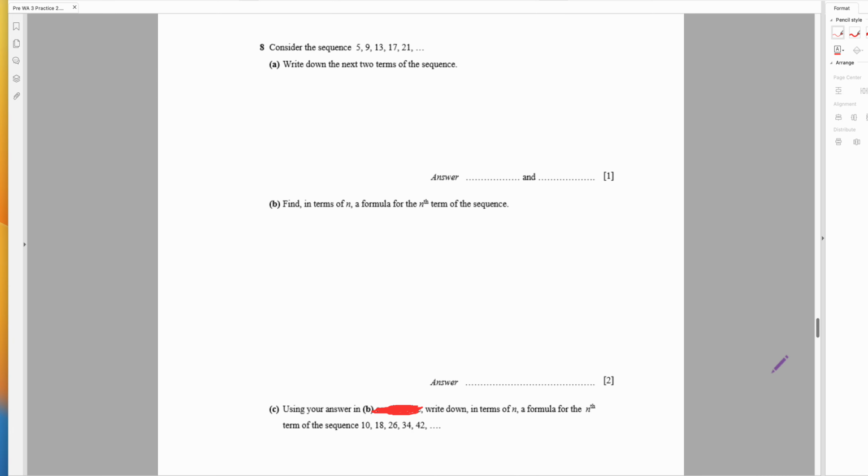So how are they related? Both of them, their differences are the same. No, how are they linked? How does this one link to this one?